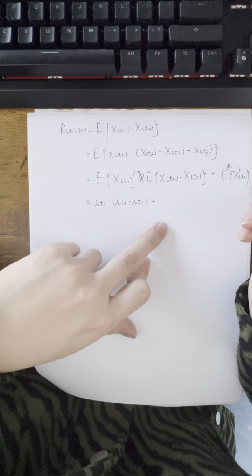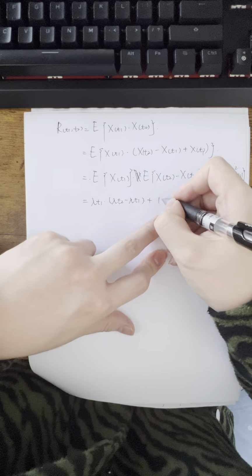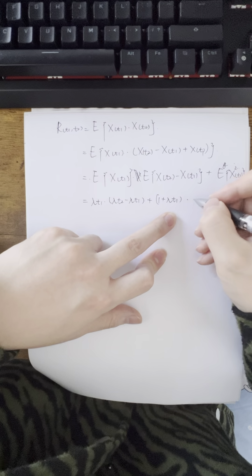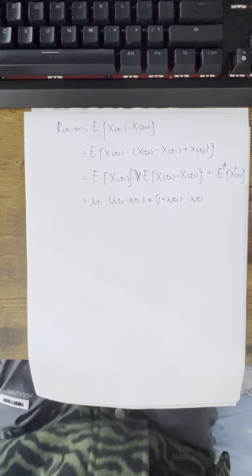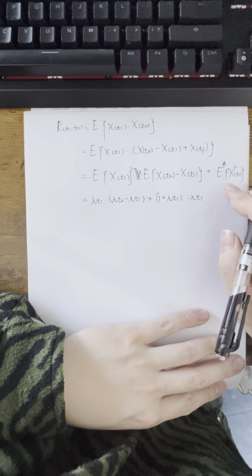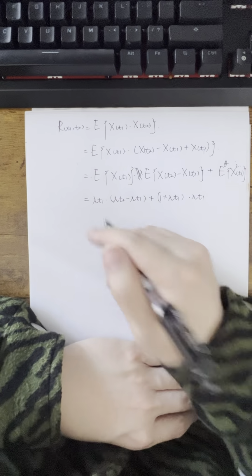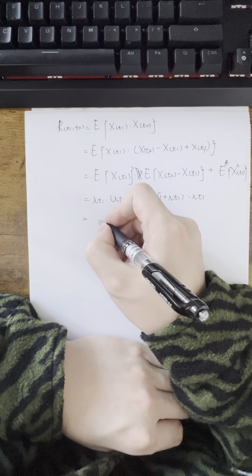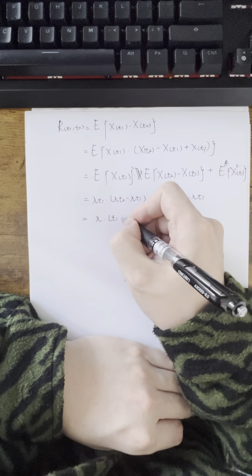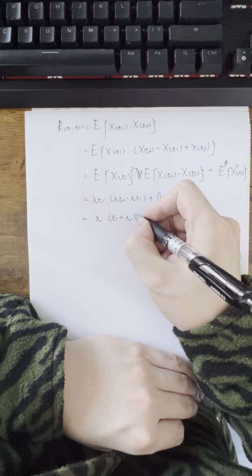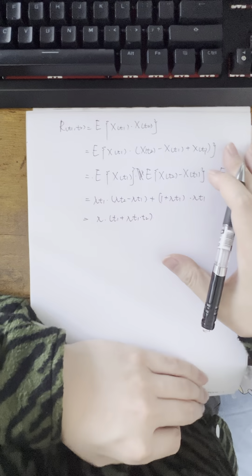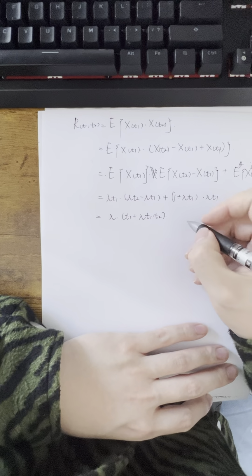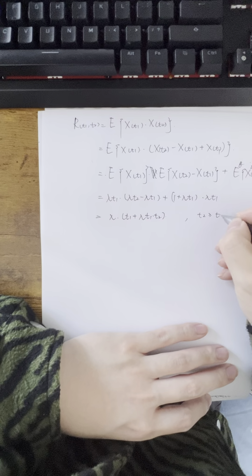And plus 1 plus lambda t1 times lambda t1. Also use the former formula, 1 plus lambda t times lambda t, right? And this is equal to lambda times t1 plus lambda squared times t1 times t2. So this is R(t1, t2) when t2 is greater or equal to t1.